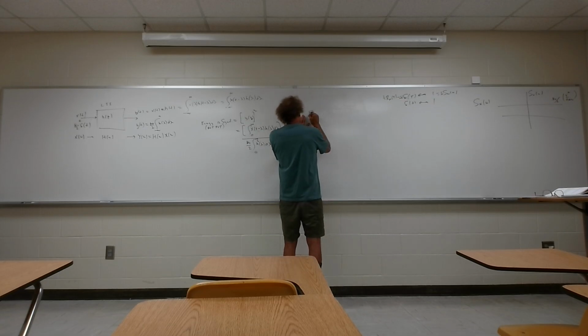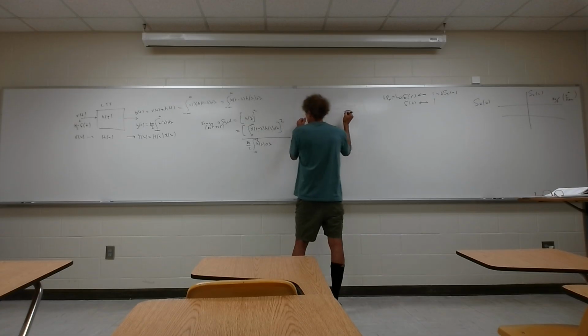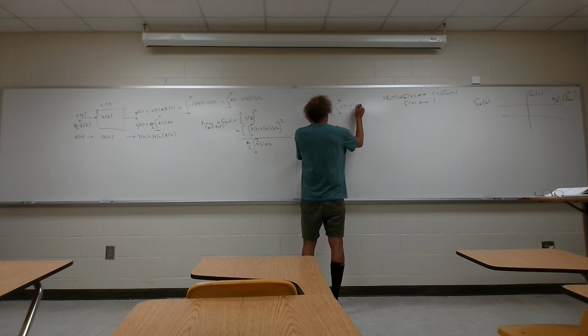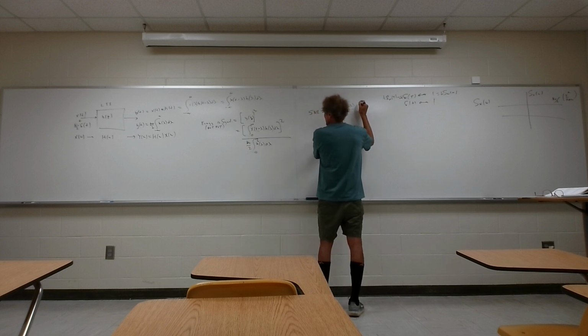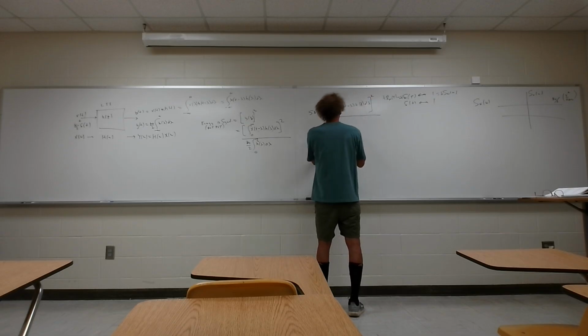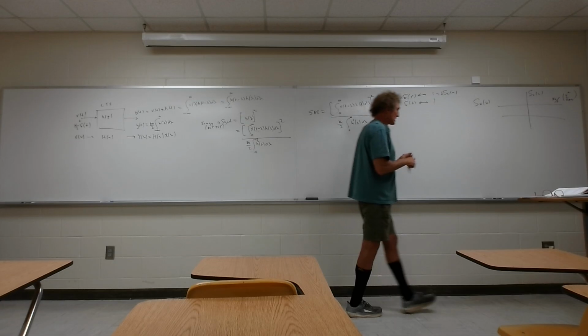So the signal to noise ratio is ultimately going to be equal to this: the integral from 0 to infinity of x of t minus lambda times h of lambda d lambda, the whole thing squared, and then it's divided by N0 over 2, the noise power, times the integral from 0 to infinity of h squared of lambda d lambda. So they get another marker.